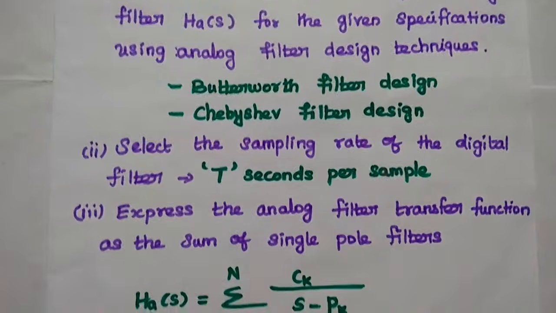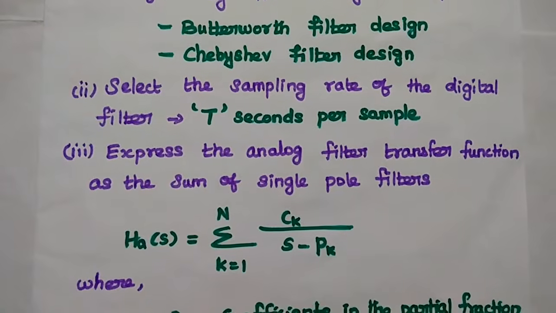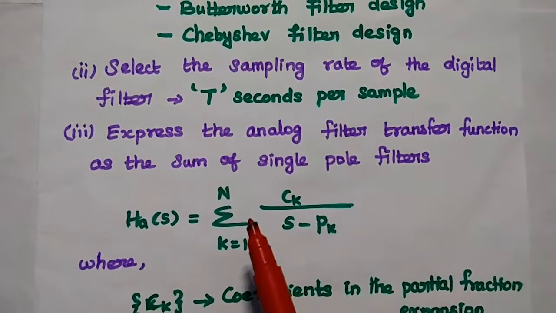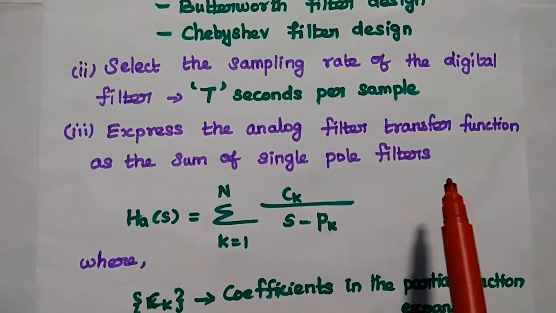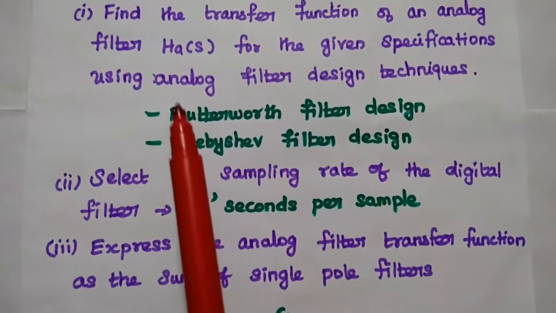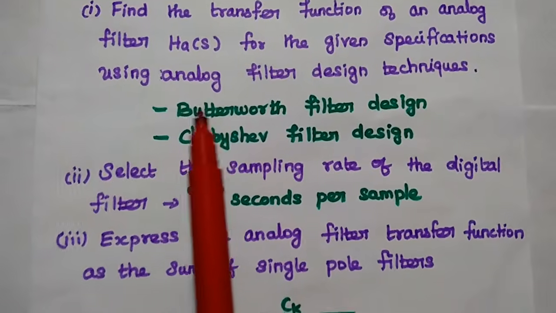The third step is to express the analog filter transfer function as the sum of single pole filters. Here we have already obtained HA(s) in the first step.